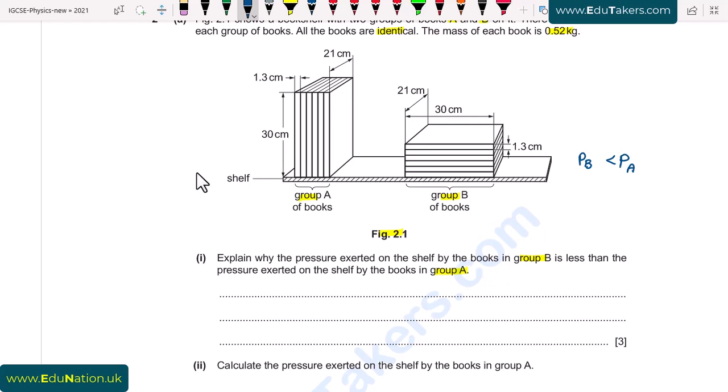So in this figure 2.1, we can see that the area of group B is this. This is the top area, while there is also the area at the bottom, and it will be just like this.